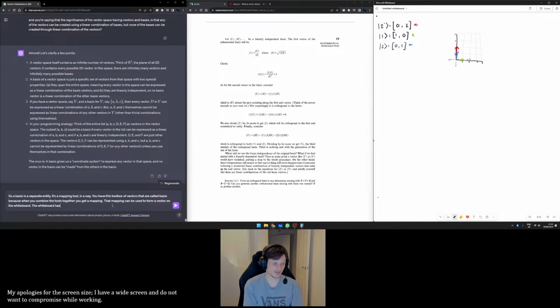The whiteboard has vectors all over it. The toolbox has bases all in it, and a combination of the toolbox vectors can make any vector on the whiteboard, the vector space whiteboard.